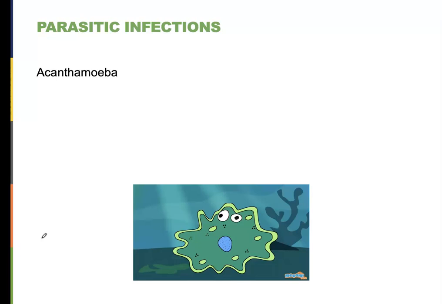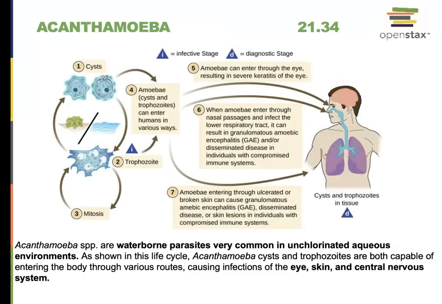Lastly, we have our parasite here. We only have one to speak of. It's Acanthamoeba, and Acanthamoeba causes eye infection. So this is a waterborne parasite. Okay, it's very common in unchlorinated aqueous environments. So this is going to be your lakes, your streams, the hot springs kind of thing.